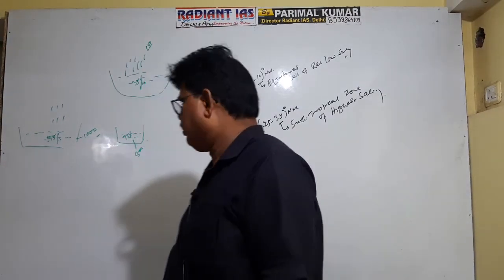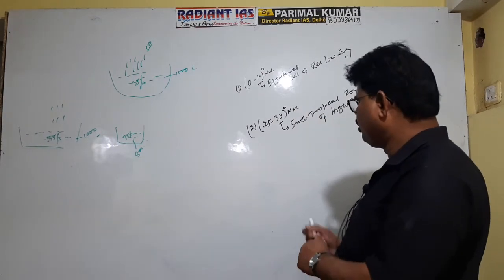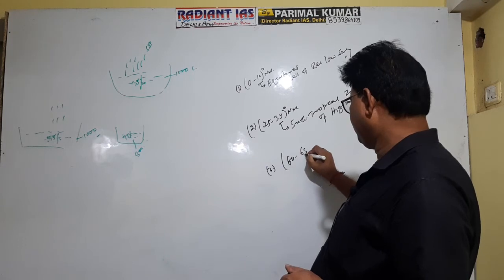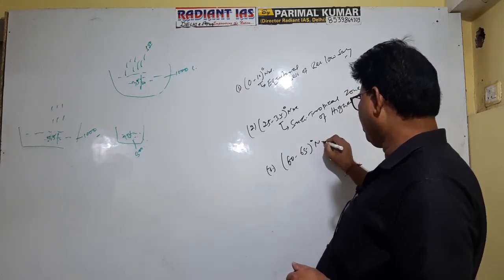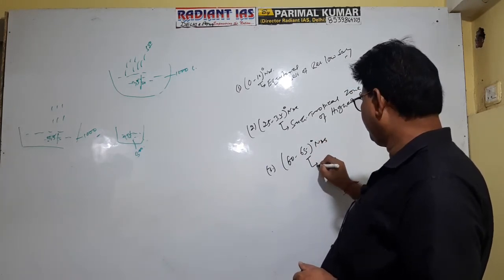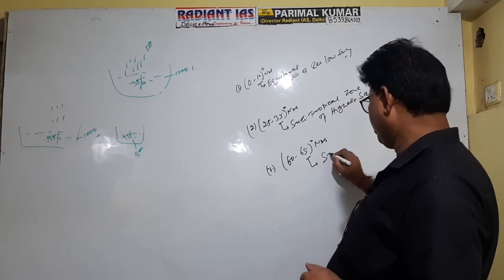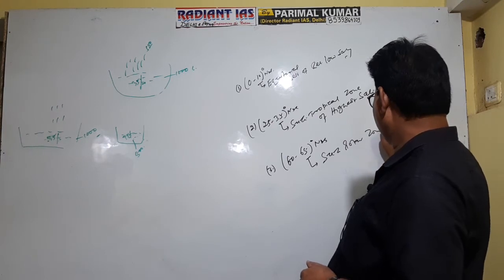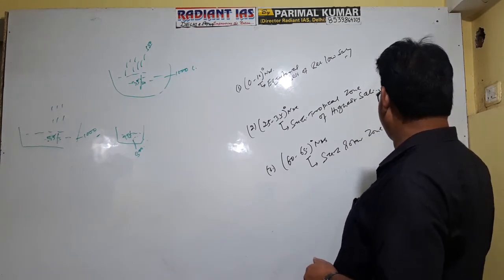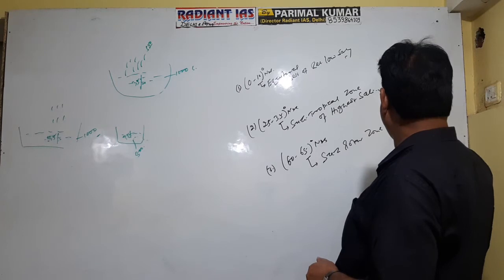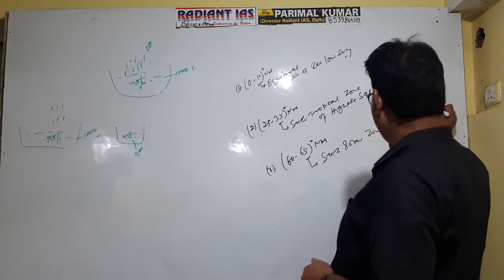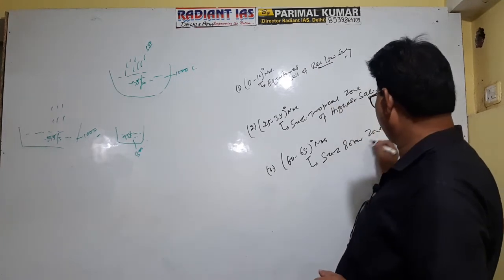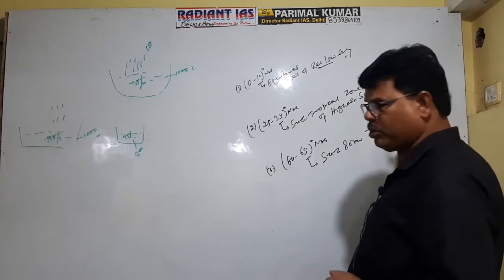Now see, the third zone is between 60 to 65 degree north and south. This is referred to as the subpolar zone of low salinity. This is relatively low, and this is low, to be noted.